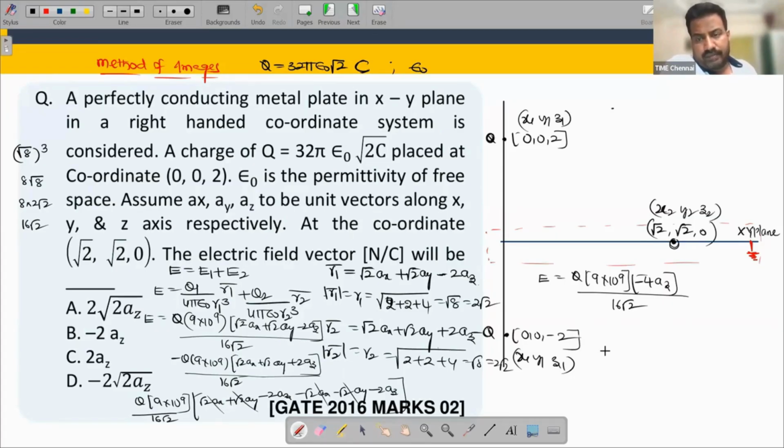Now once you substitute this value, this is minus 4q az by 16 root 2. 9 into 10 power 9 is 1 by 4 pi epsilon naught.